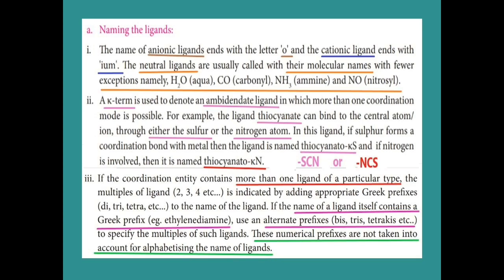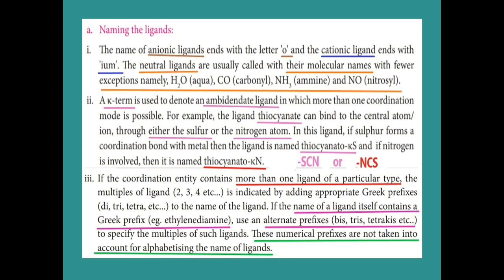The third guideline: suppose more than one ligand is present, for example, 2 ligands means di, 3 ligands means tri, 4 ligands means tetra. Sometimes the ligand itself contains a Greek prefix. For example, ethylenediamine. Suppose 2 ethylenediamine are present, we can't say diethylenediamine.